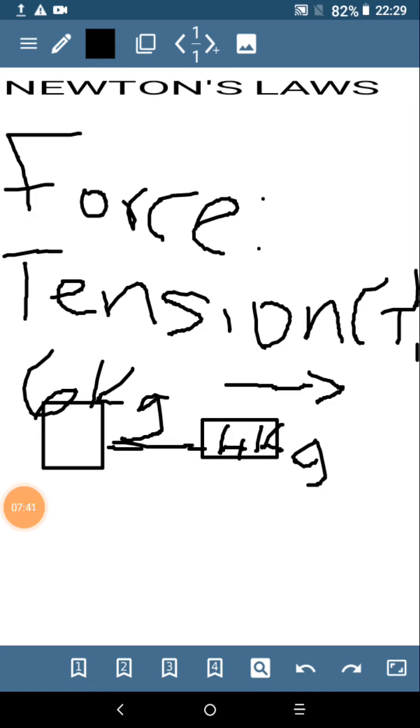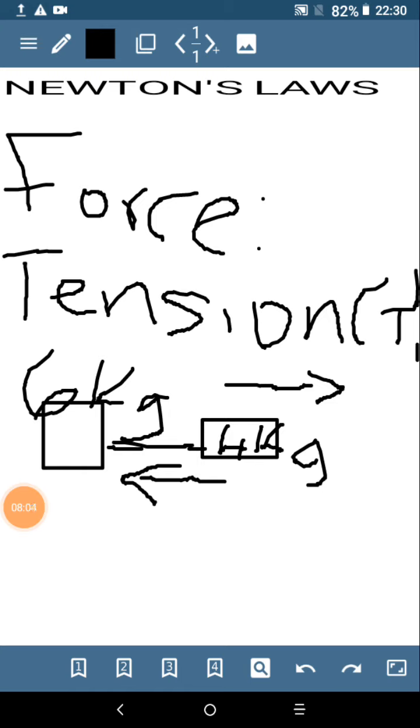As the 4 kg is moving to the right, the 6 kg is applying a tension force to it and trying to move it backwards. So the tension force acting on the 4 kg is to the left.